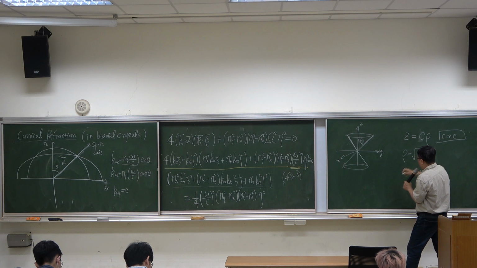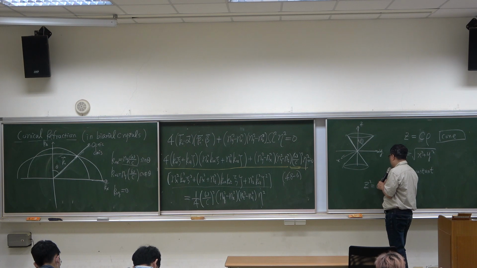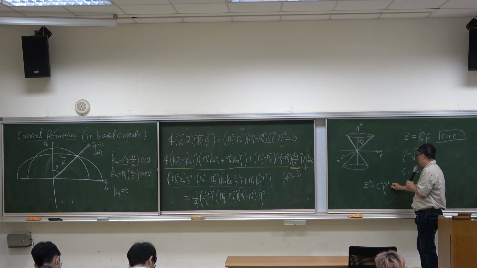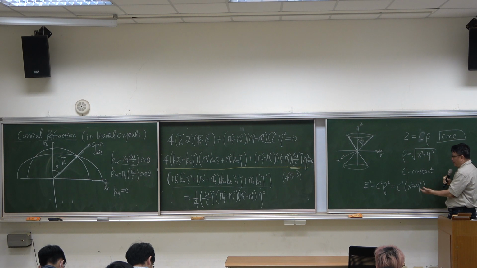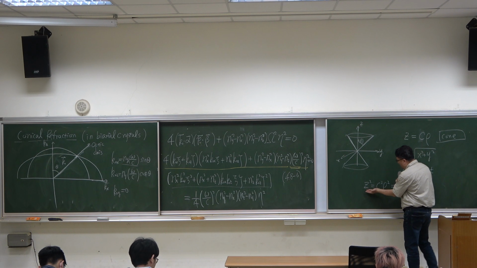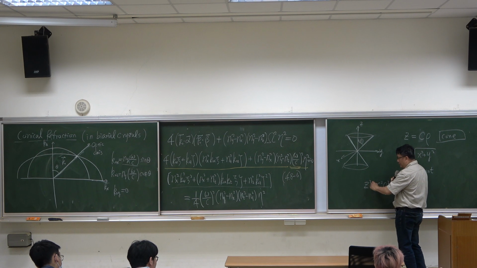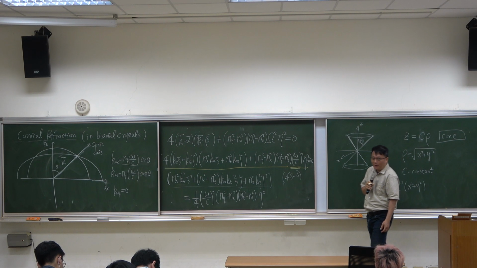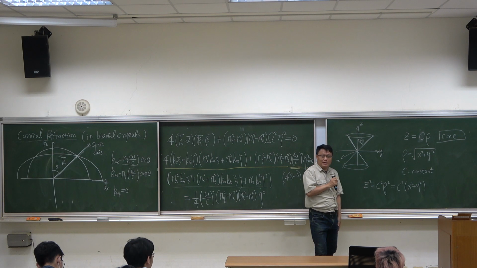And I can write this as z squared equal to c squared times rho squared, which means c squared times x squared plus y squared. So on one side I have a single square. On the other side I have the sum of two squares. Okay? This describes a cone.